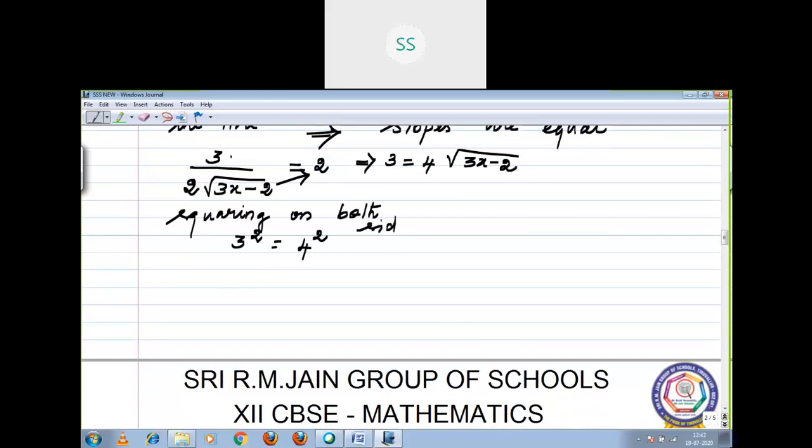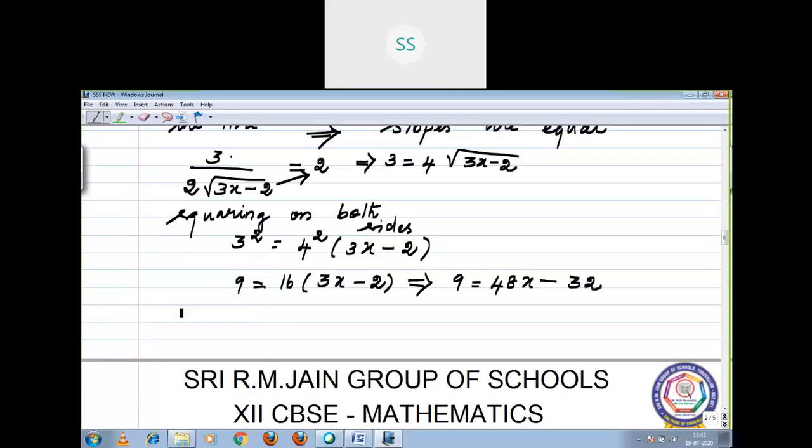Then when you are squaring, the square root has to be removed. So what can you get? 9 is equal to 16 into (3x minus 2), which implies 9 equal to 48x minus 32.